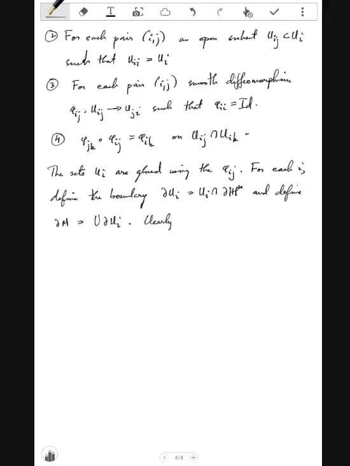Clearly, the boundary of M inherits a manifold structure, since phi ij, when we restrict it to boundary Uij to boundary Uji, is a diffeomorphism.